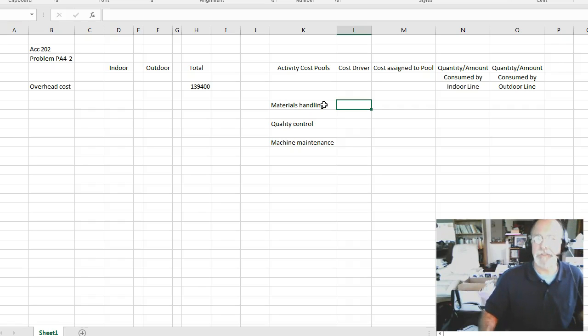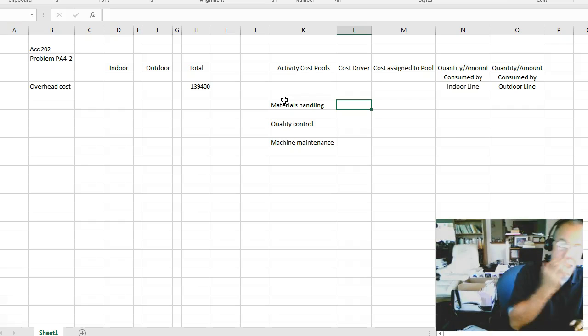So the cost driver for materials handling would be the number of moves, the number of times that materials are moved.